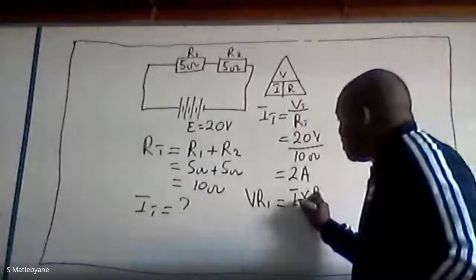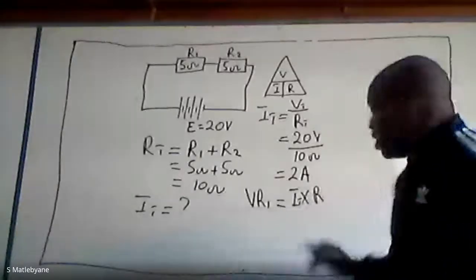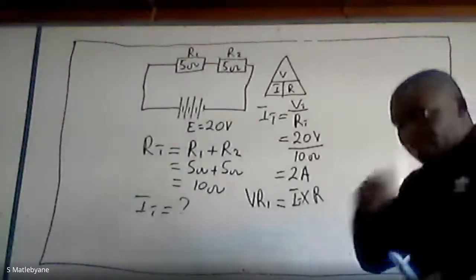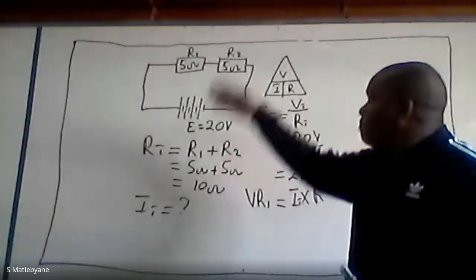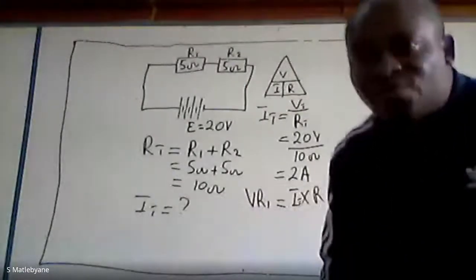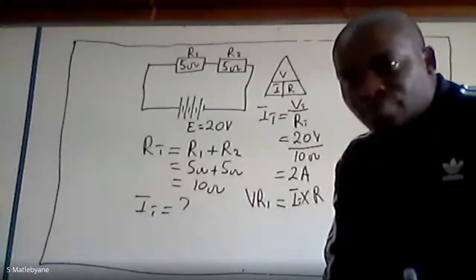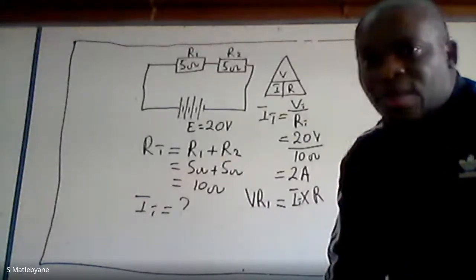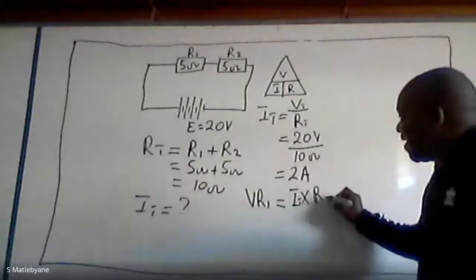Thank you. So we use the total current. And which resistance do we use? We have 10 ohms here, 5 ohms there, 5 ohms there. Which resistance do we use? Thank you. So we use resistor 1.